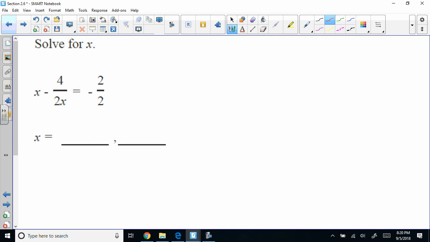What do you want to do first? I'm going to clear my fraction too. Now, do we have a value for x that wouldn't work? 0.